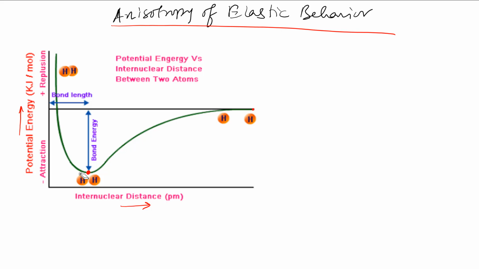So what kind of equilibrium is there? The equilibrium exists between the repulsive force and the attractive force. Since there are two atoms, they have masses, so there will be some attractive force, and there will be a repulsive force also, because the cores of both will be positively charged, so there will be a certain amount of repulsion.